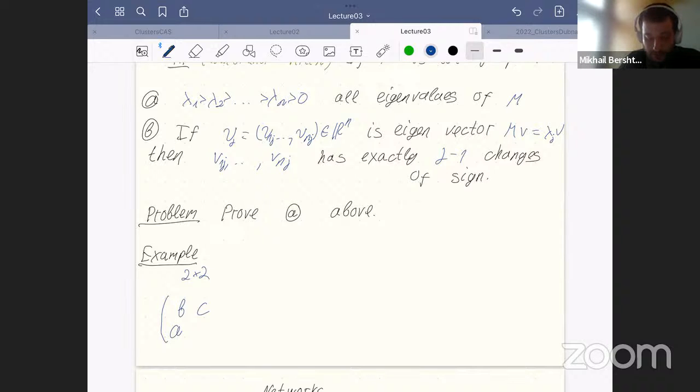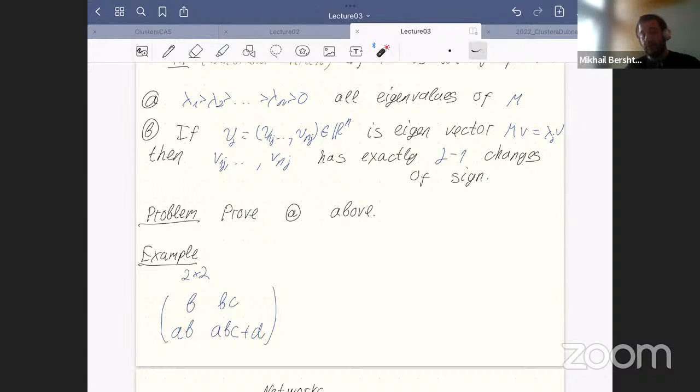Instead you can use another way: write B, A, B, B, C, and A, B, C plus D. This is a parameterization of totally positive matrices in terms of positive numbers. If all these numbers A, B, C, and D are positive, then we get a totally positive matrix, and vice versa.